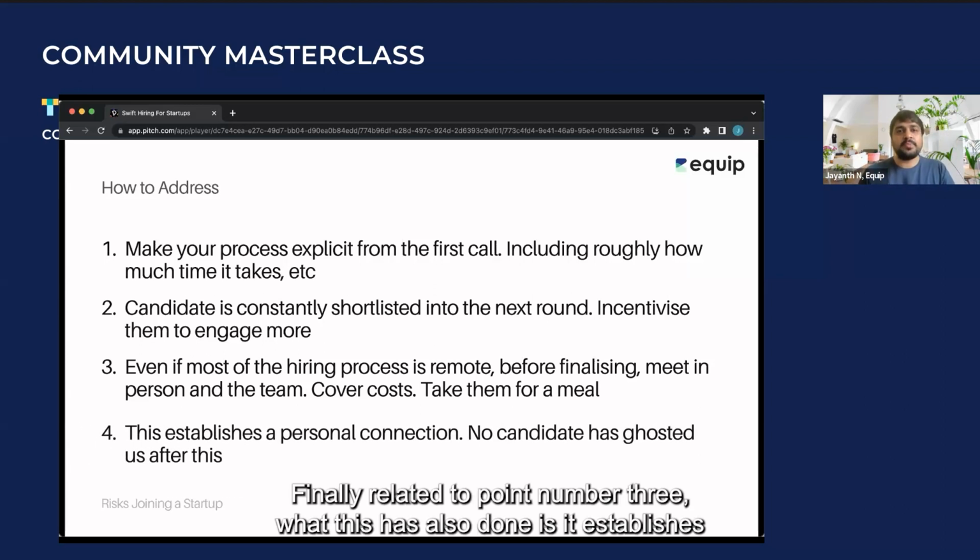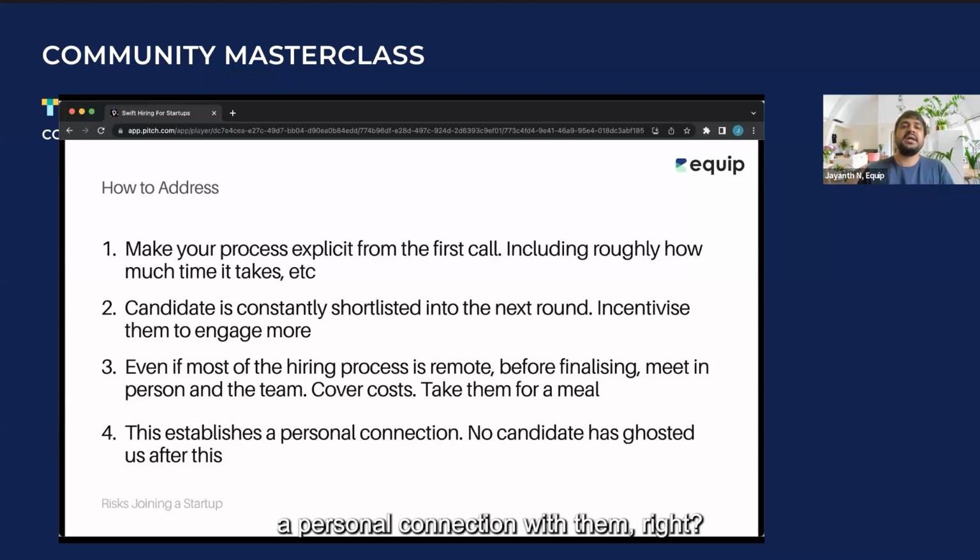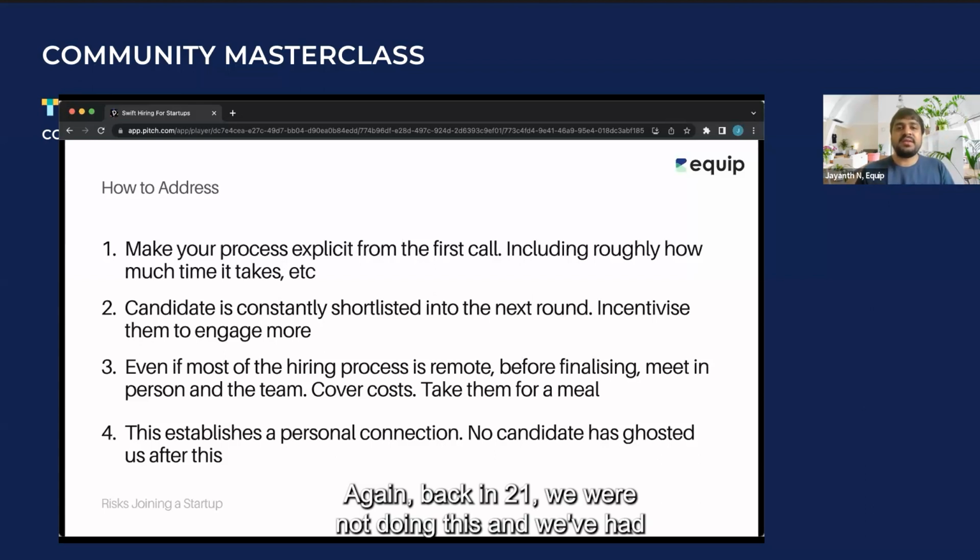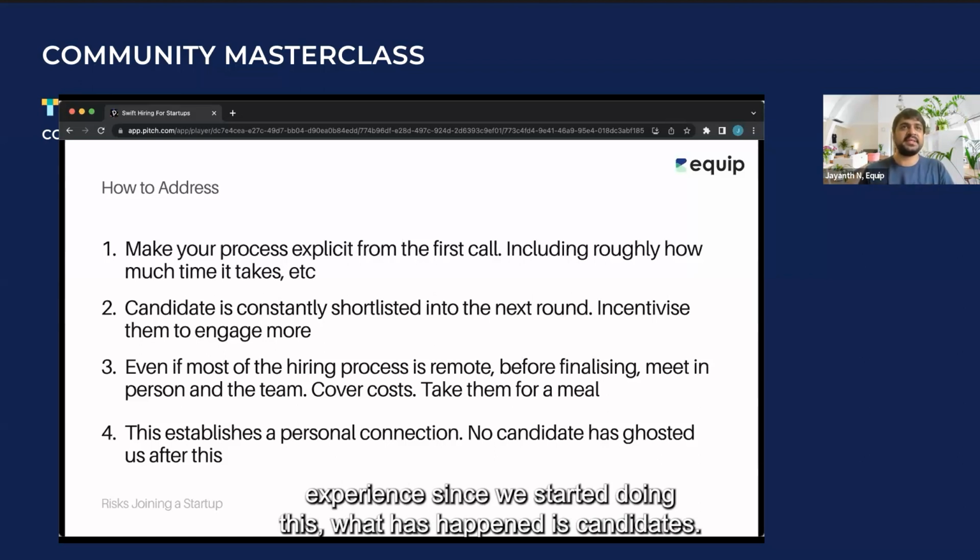Finally, related to point number 3, what this has also done is it establishes a personal connection with them, right? Again, back in 21, we were not doing this, and we've had candidates who ghosted, right? Sign the offer letter, last day, don't turn up. I'm sure every one of you here has had this experience.